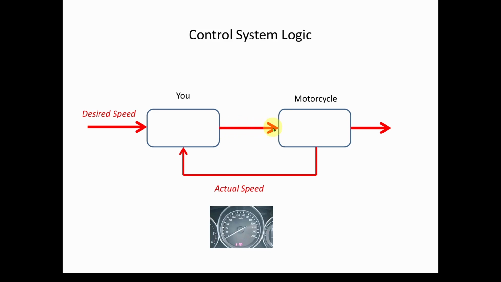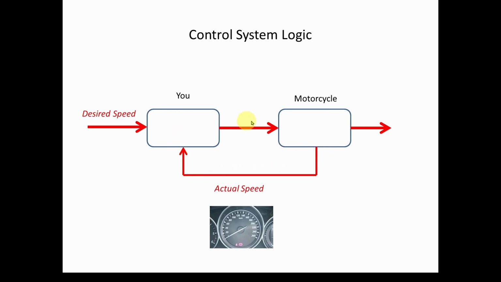And the throttle position goes into the motorcycle. The motorcycle takes throttle position in, or fuel valve input, and it goes through and runs the engine, and the output is how many miles per hour it's going. As part of the motorcycle, you've got this feedback loop that is the speedometer, where it's got some equipment inside the motorcycle that is measuring speed, and it feeds it out through the speedometer, and you read that in.